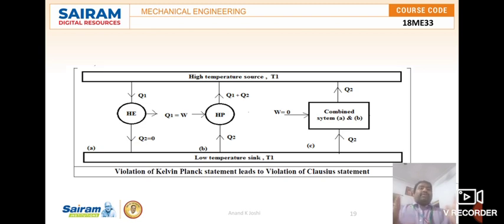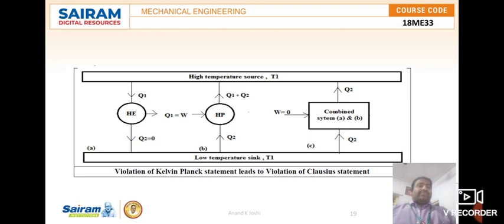So what we have to do is, first explain how the violation of the Clausius statement leads to the violation of the Kelvin-Planck statement, and then in the next way, explain how the violation of the Kelvin-Planck statement leads to the violation of the Clausius statement.